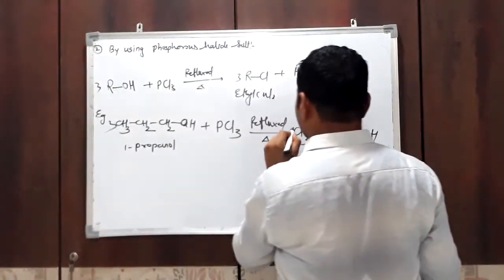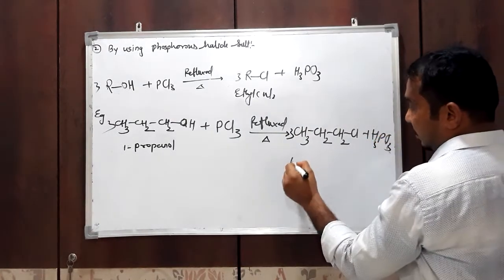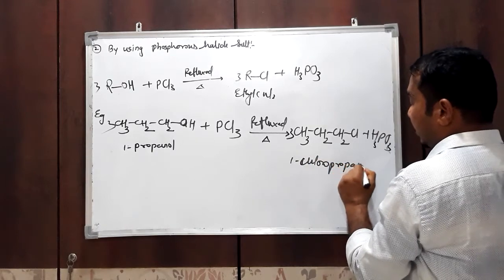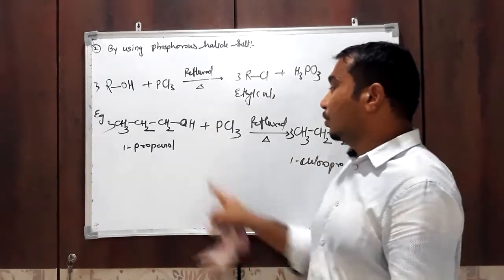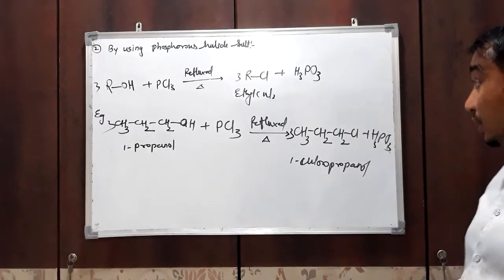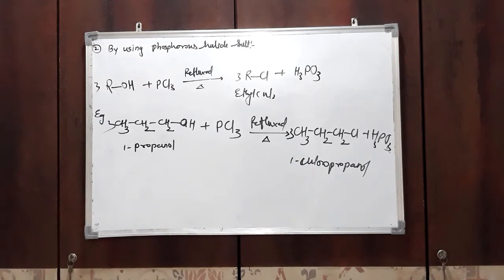Just balance it. This is 1-chloropropane. There is only replacement of OH by Cl atom. Okay, so this is the method. By using this method, we can prepare alkyl chloride only, not bromide or iodide.